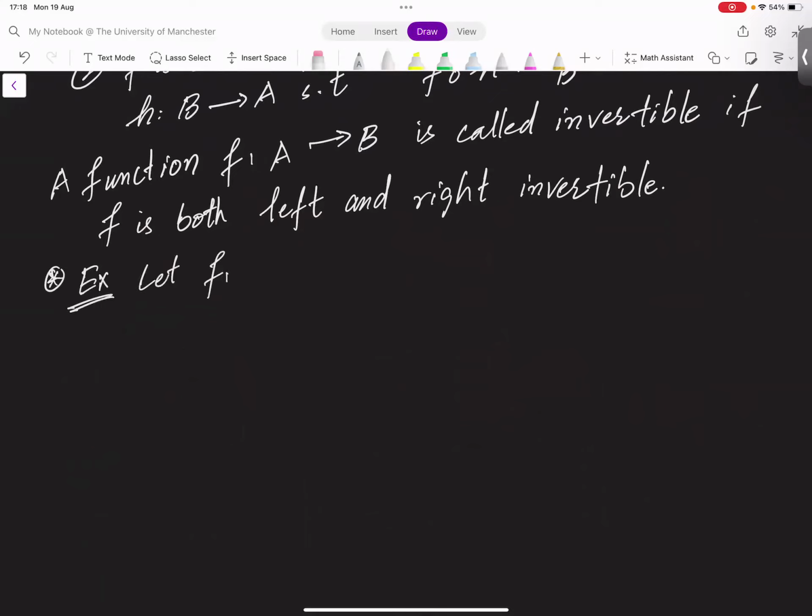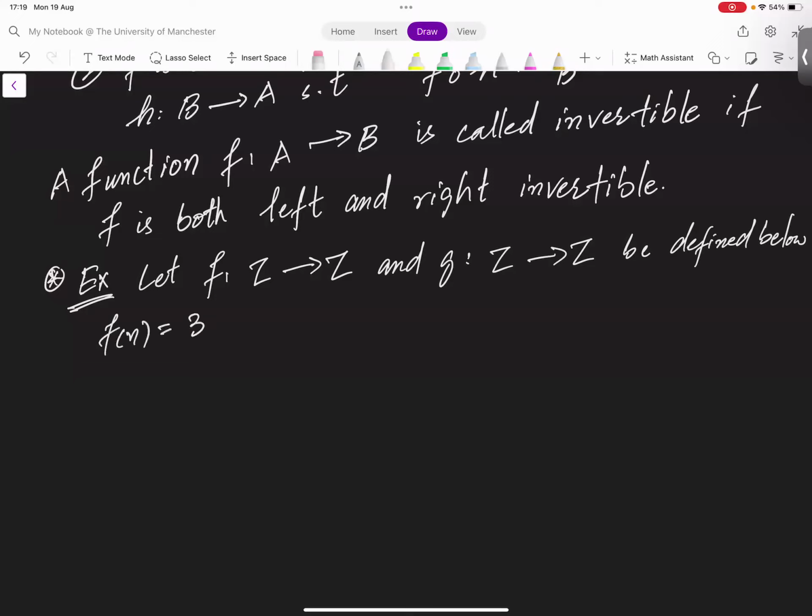Let f be a function from Z into Z, and g a function from Z into Z. Both are defined as follows: f of n is 3n, and g of n is n over 3 if n is a multiple of 3.